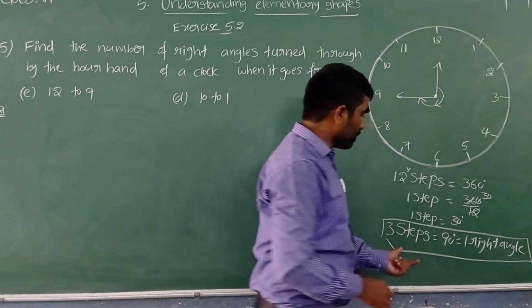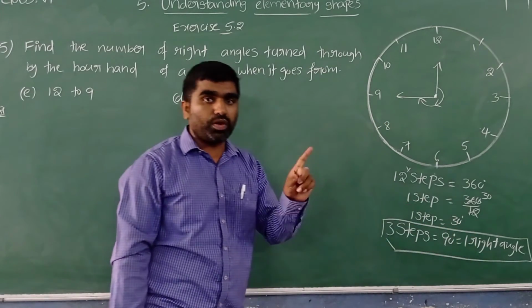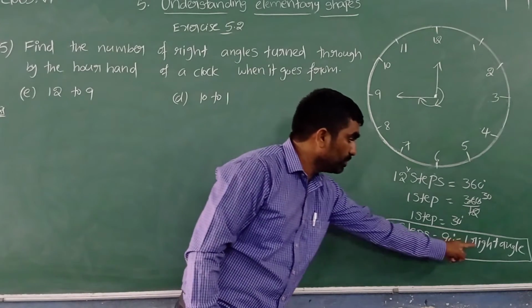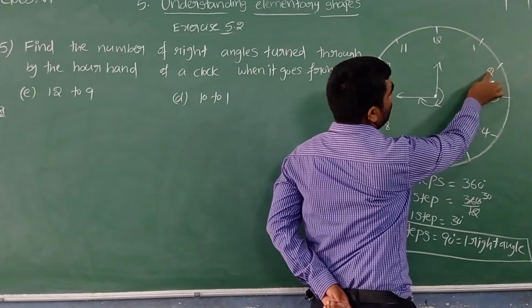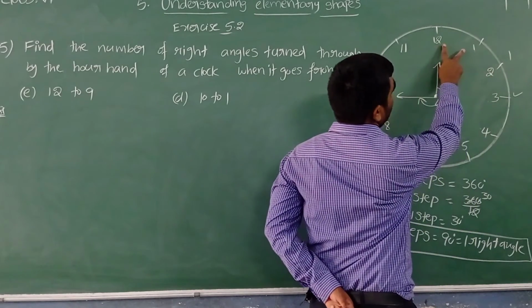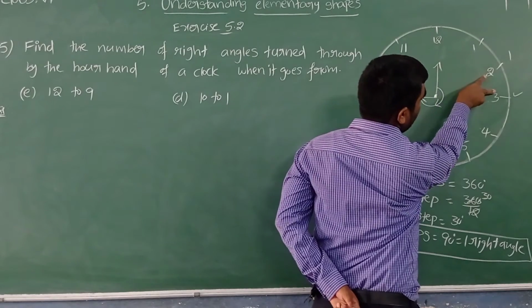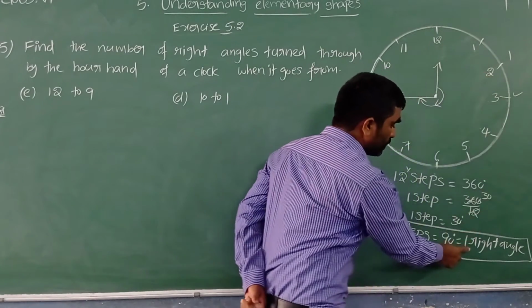For every 3 steps, we consider 1 right angle. Now see, 12 to 1, 1 to 2, 2 to 3, till here 1 right angle, because we completed 3 steps.